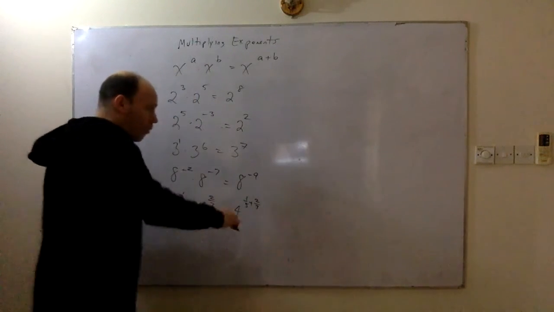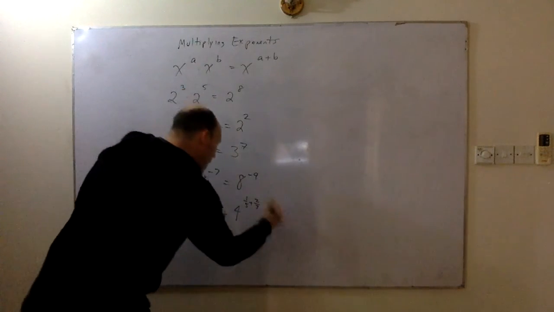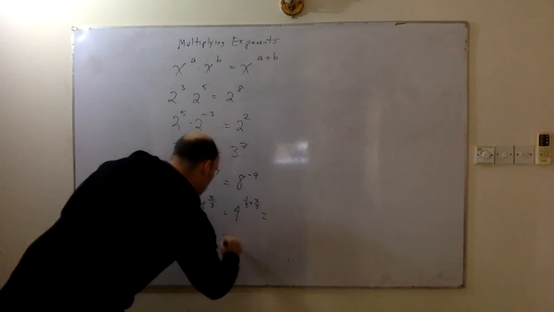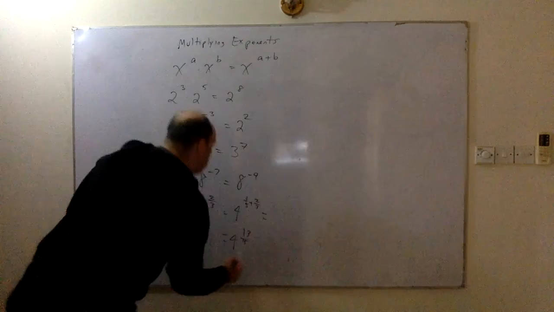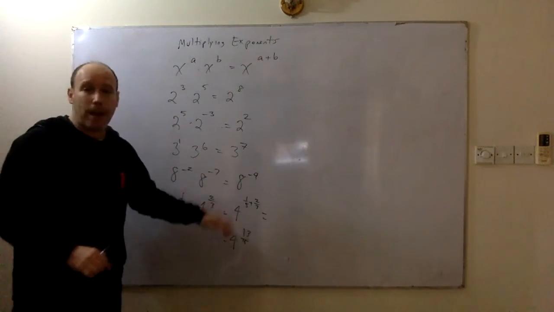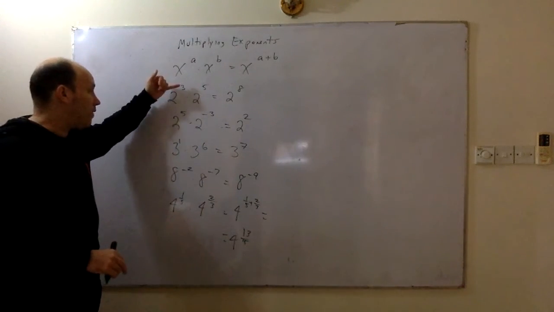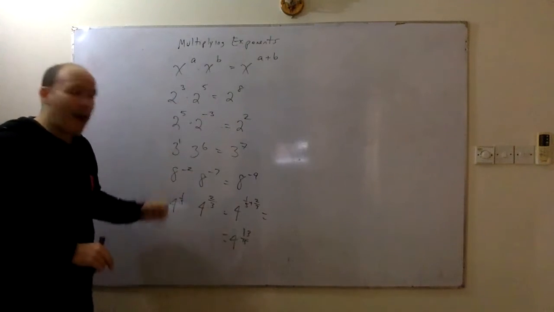How do we do that? Remember, you cross, and so we get, the answer is 4 to the 13 over 15. Well, once again, we were just adding the numbers. It doesn't matter if they're positive, negative, or fractions.